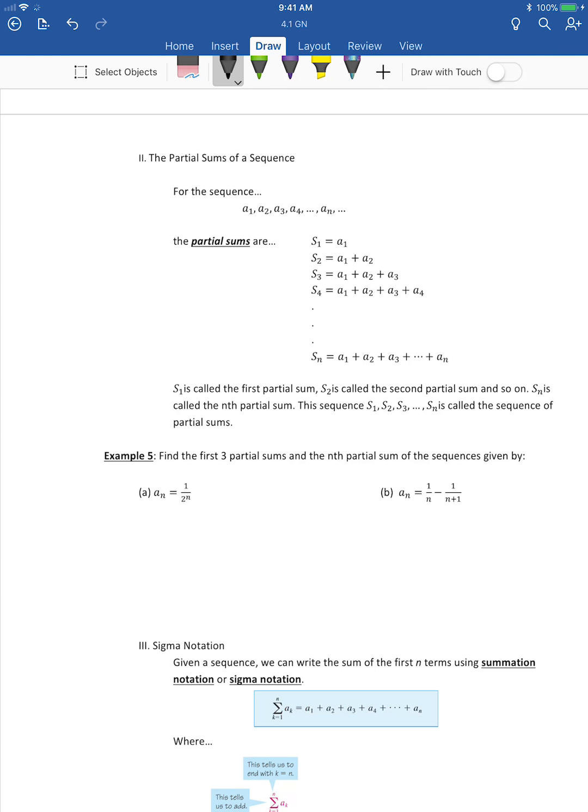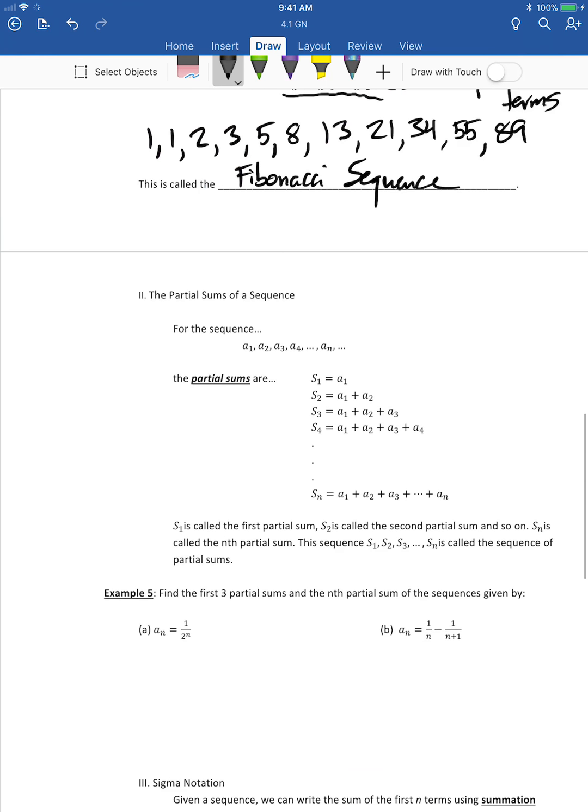Now, there's cool stuff that we can do with sequences, and that's the second part of the section here, the partial sums of a sequence. So if we have a sequence like this, we have a special word, the partial sums, and we write that as S1 all the way to S sub n, where we're just adding terms up to the partial sum that we want.